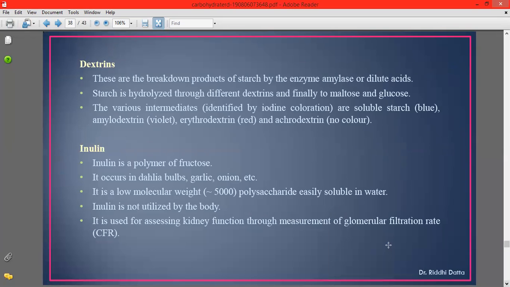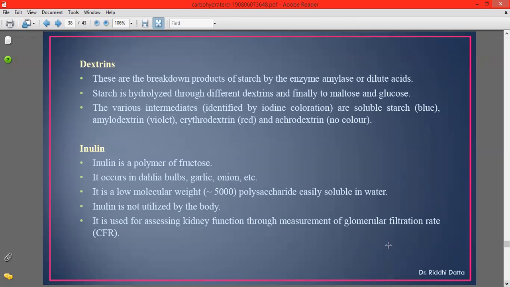So that is all about the starch. Now dextrin. So dextrin, these are the breakdown products of the starch. Okay. So dextrin શું છે, breakdown જ્યારે આપણે starch ને breakdown કરીએ અથવા practicals ની અંદર પણ તમે જ્યારે amylase enzyme use કરો અથવા with dilute acid તમે starch ને break કરો તો that is hydrolyzed through the different dextrin units. Okay. And finally to maltose and glucose.